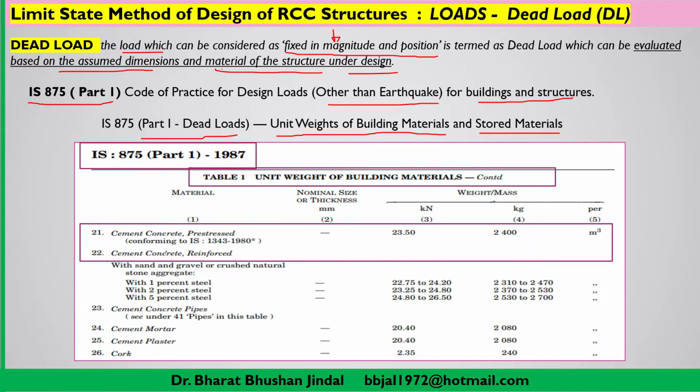When you are using cement concrete as the material, the unit weight will be taken as 2400 kg per meter cube. If you are taking the unit as kilonewton, it will be 23.5. But normally we take the unit as kg per meter cube, so you can take 2400 kg per meter cube as the unit weight of cement concrete. Accordingly, other information is available in table number 1. I have taken only a little information for illustration purposes.